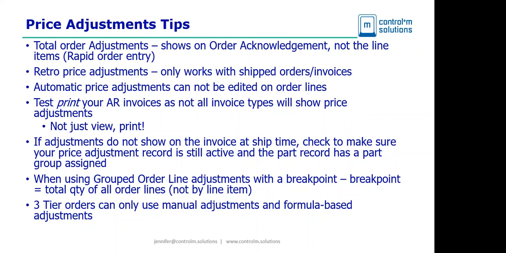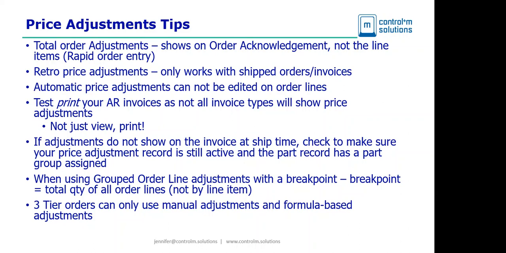Another thing I haven't touched on yet is if you are using a breakpoint on the grouped order line adjustment, that breakpoint is equal to all of your grouped order lines. So it's not just looking at each order line for that breakpoint, it's totaling those together.